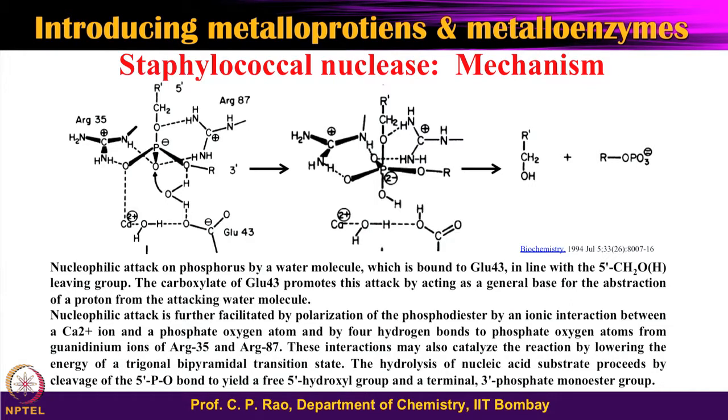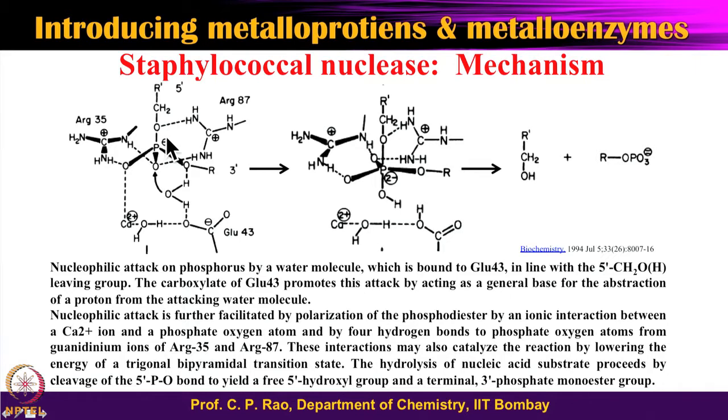You can see that the direct reaction is not at the calcium 2 plus, but calcium 2 plus is essential to hold this whole situation, and the secondary interactions are necessary for holding the substrate. It is a total system which plays an important role, not just the calcium 2 plus alone. That is why we say these are metal-activated enzymes.